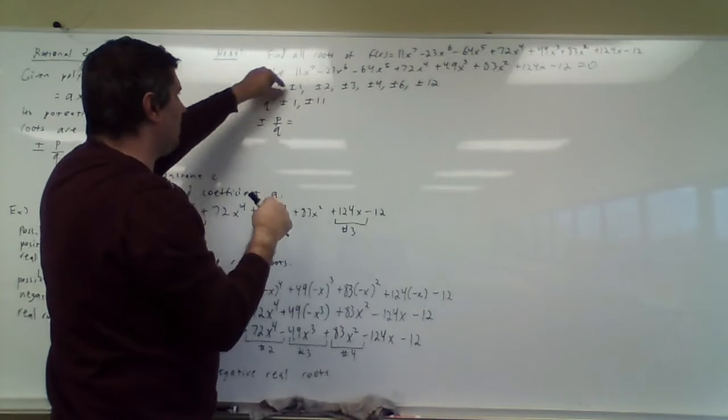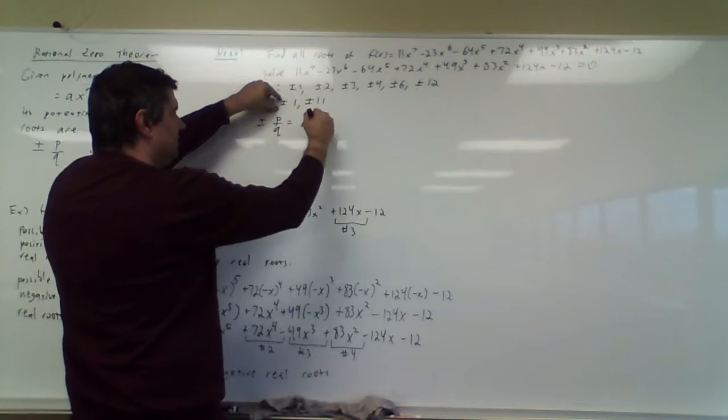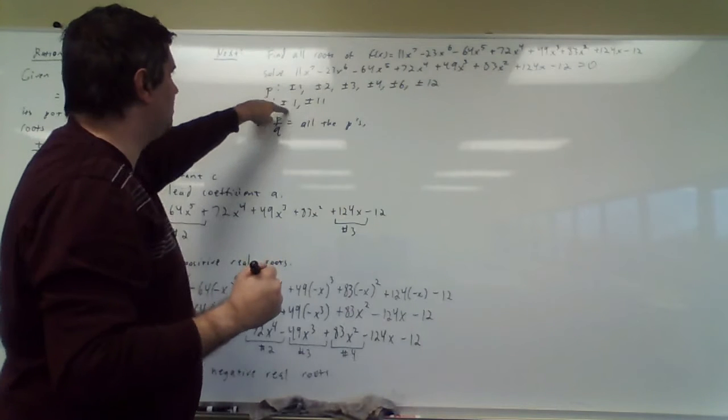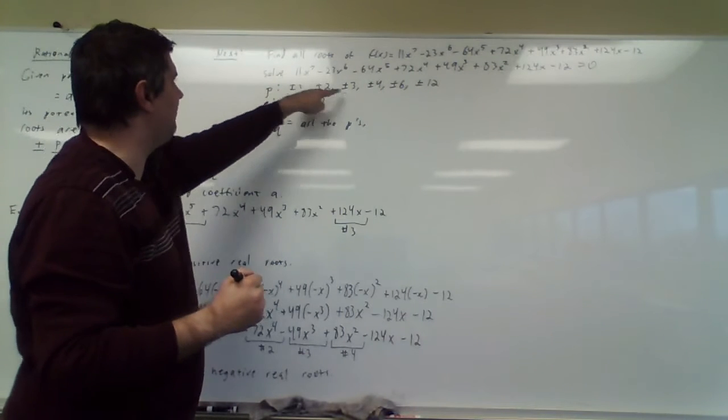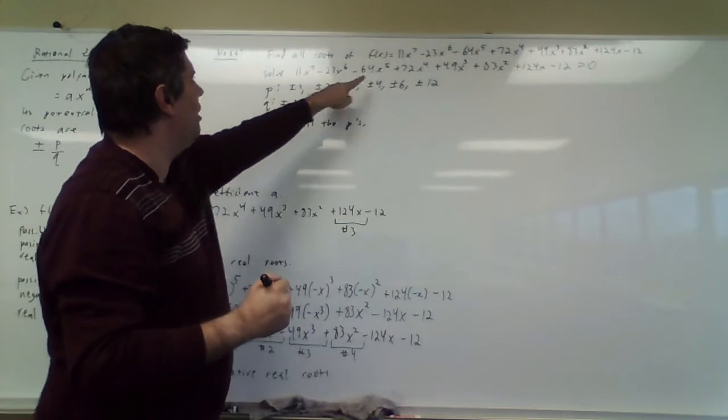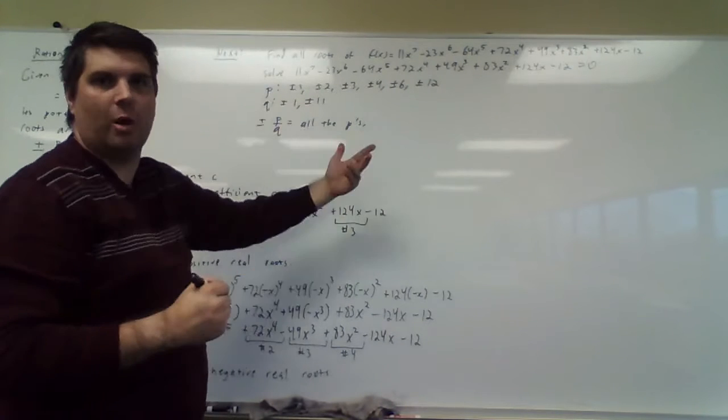Putting all of these over 1 would just leave you all the P's: 1 divided by 1 is 1, 2 divided by 1 is 2, 3 divided by 1 is 3, 4 divided by 1 would leave you 4, and so on.